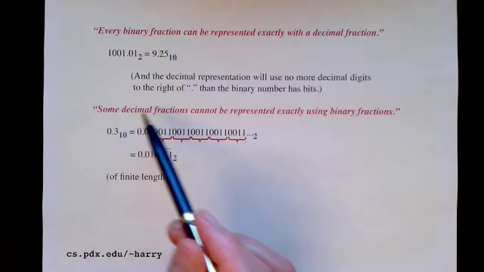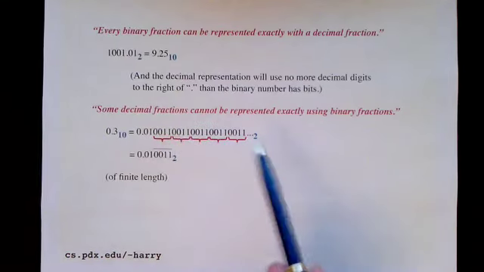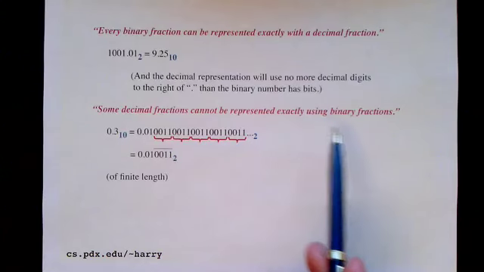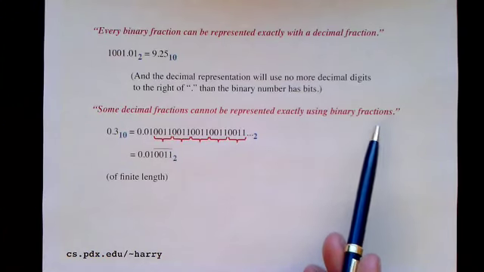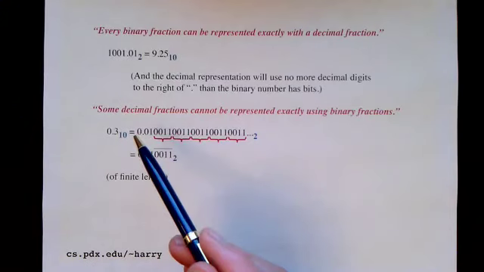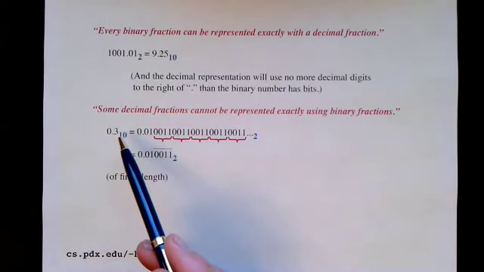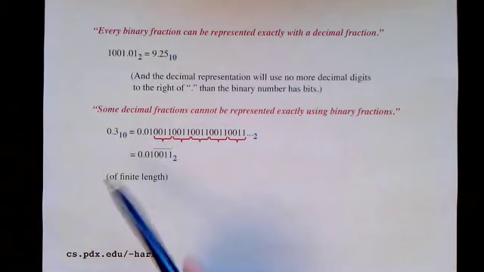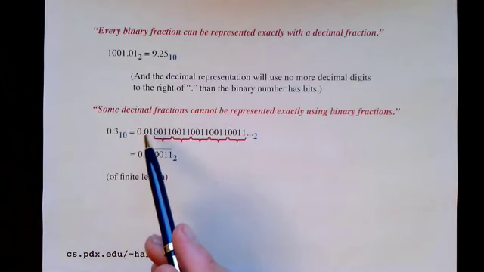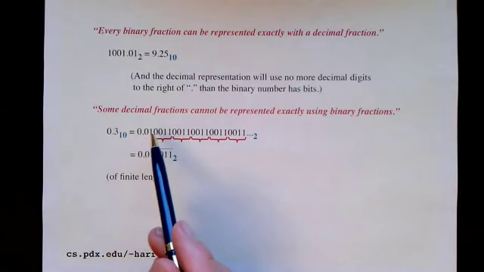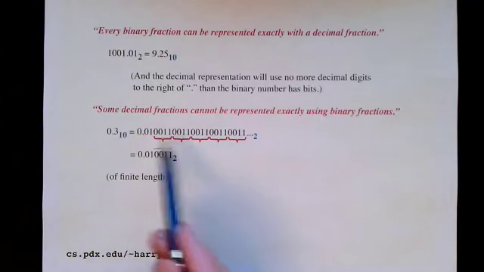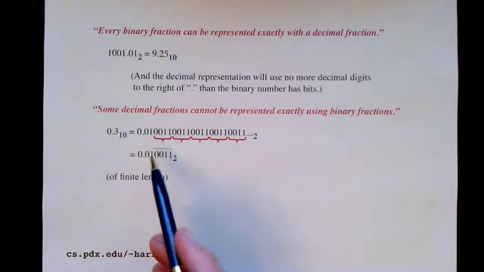On the other hand, some decimal fractions cannot be represented exactly using binary fractions. So here's an example, 0.3. If we try to represent this in binary, we end up with an infinite expansion.